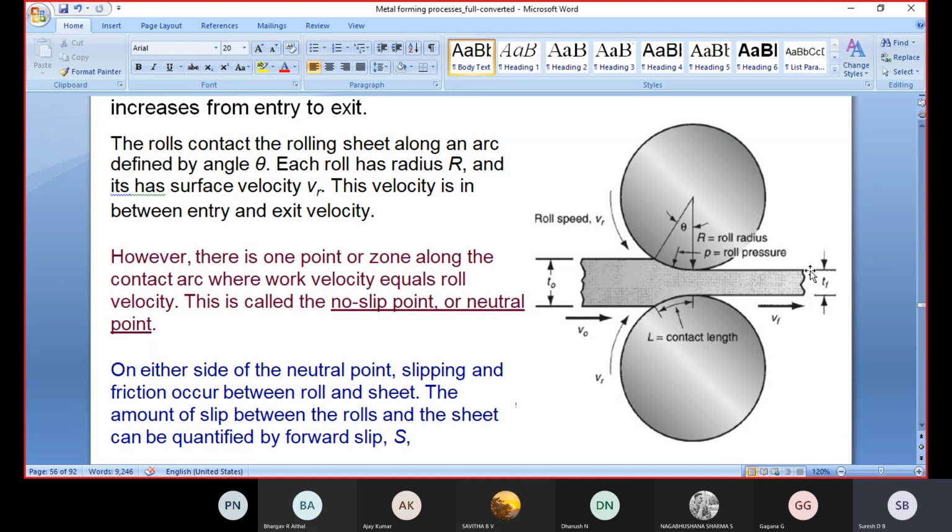In maximum elastic deformation, the maximum amount of material is elastically deformed; in medium, a medium amount; in lower, only a lower portion of the material. At that time, improper surface finish of the component is produced throughout the length of the component.